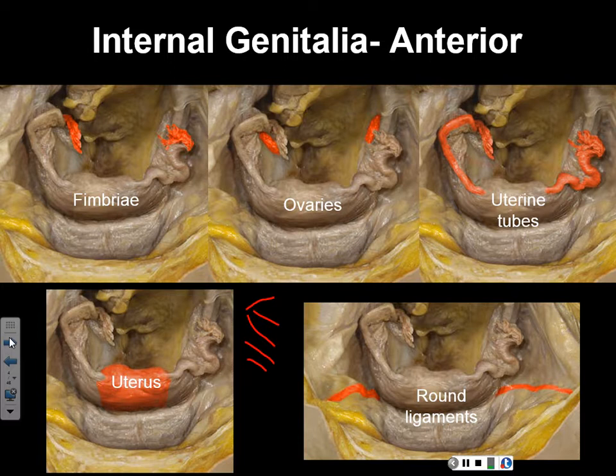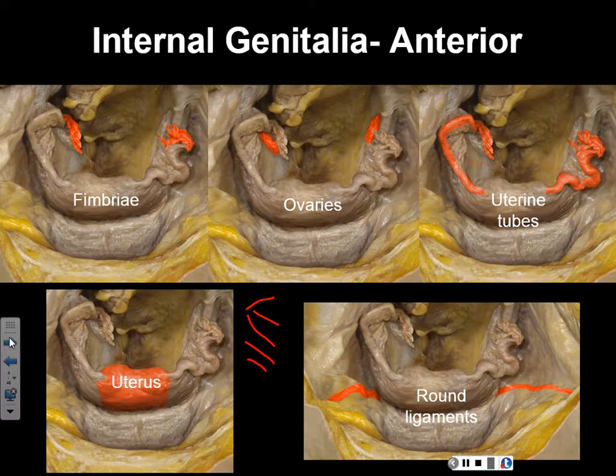All right. So the ovaries, of course, are the primary organs of reproduction in the female, and these are the uterine tubes, or oviducts or fallopian tubes, whichever you like. It doesn't really matter. Then there are certain ligaments, and I'll show you another picture that shows them. One of which is called the round ligament.